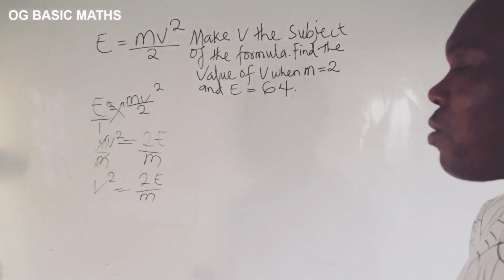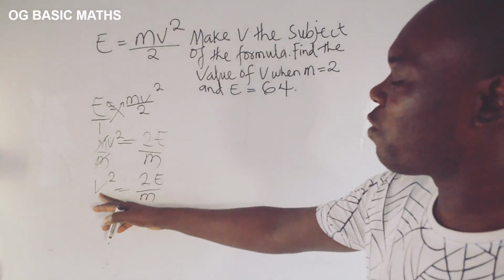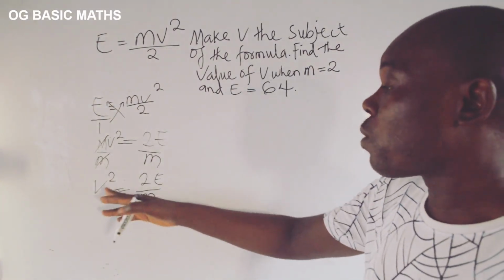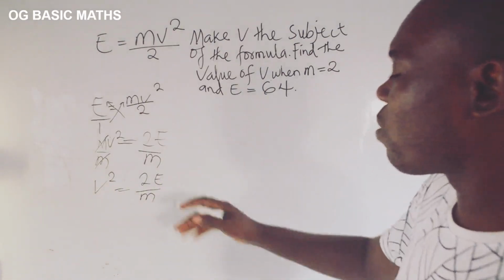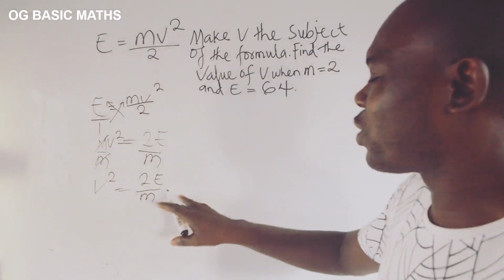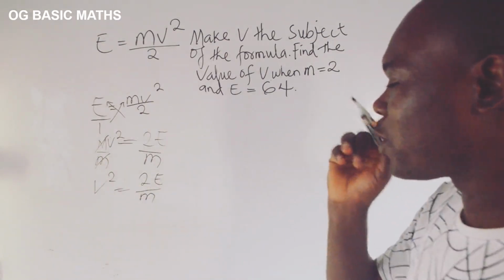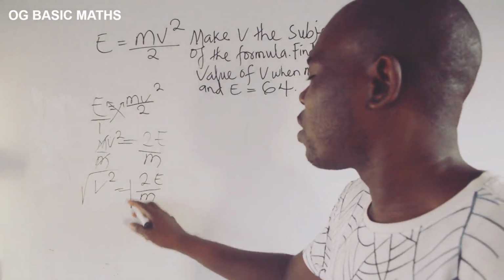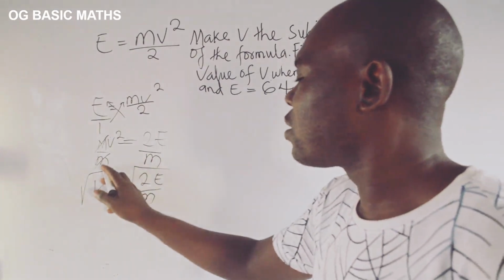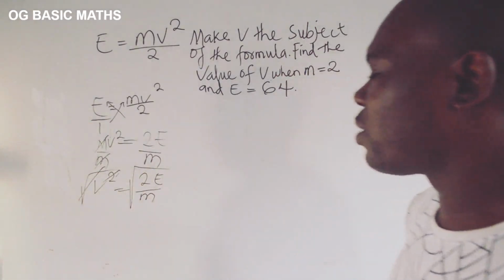Then what we do now, we're told to make V the subject of the formula and not V squared. So what we do now is to find the square root of both sides. We have the square root of this and the square root of this. This one and this go with the square.